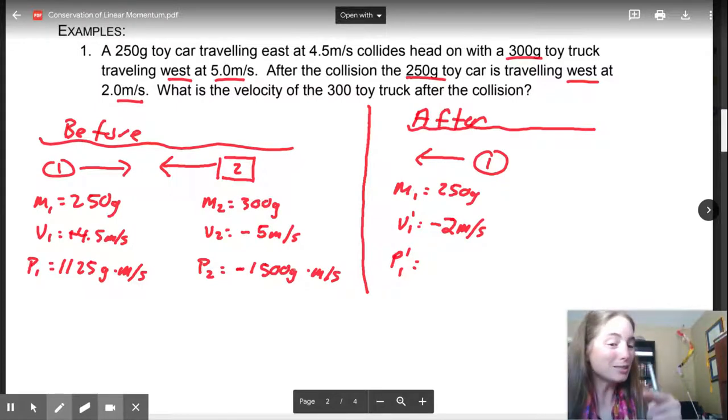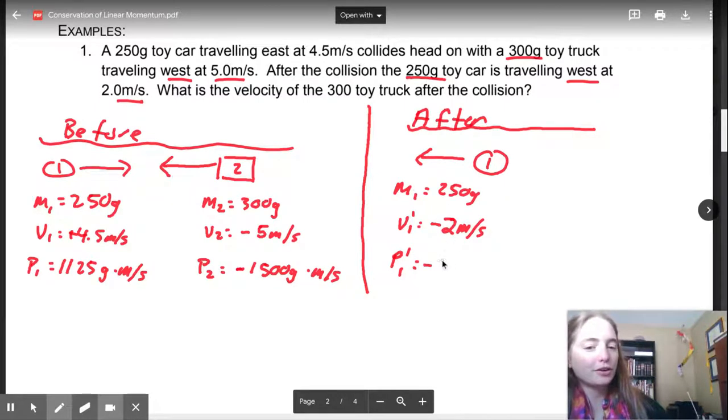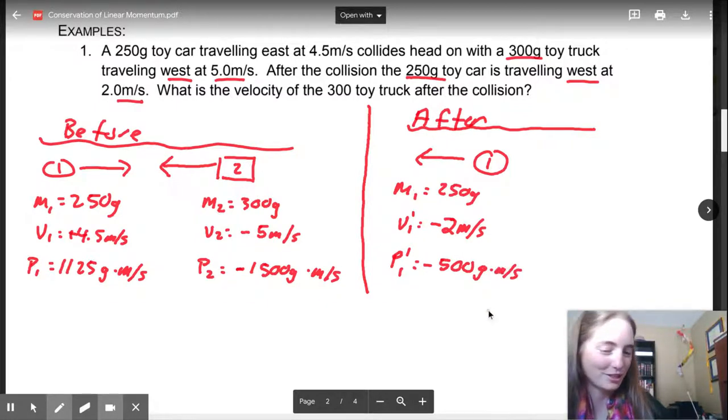At this point, this is how I want you to show your work. If I take a shortcut when it comes to showing the work on the screen or in class, you can take that shortcut too. If I don't take a shortcut, or I say don't take a shortcut, don't take the shortcut. So P1 prime, multiply those together, you're going to get negative 500 gram meters per second.